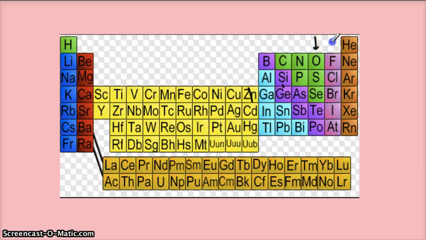Notice where the chlorine was. Chlorine needs one electron. It has 7 in its valence shell, so it needs that one electron. So when it gets that electron, it's going to be negative. Oh, sorry about that. I said that wrong earlier.